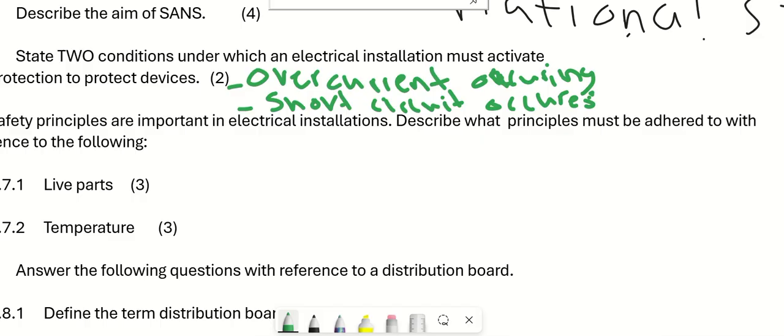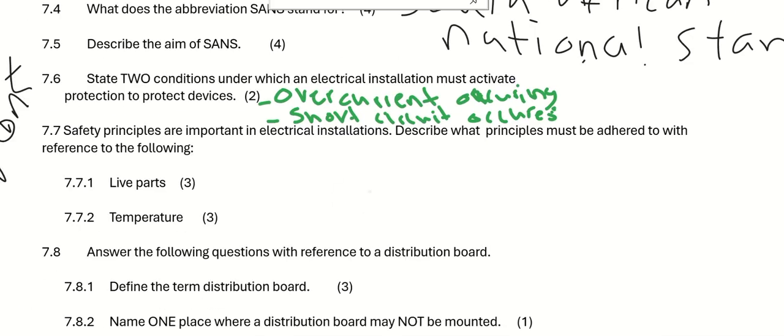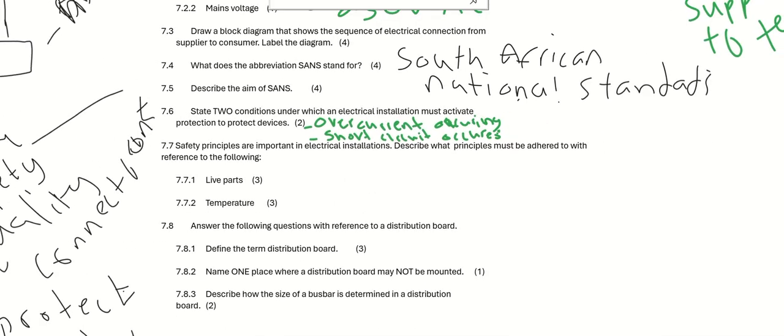Okay, then 7.7. Safety principles are important in electrical installations. Describe the principles that must be adhered to with reference to the following.